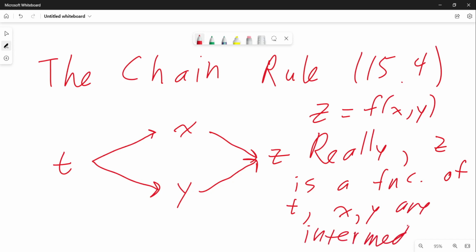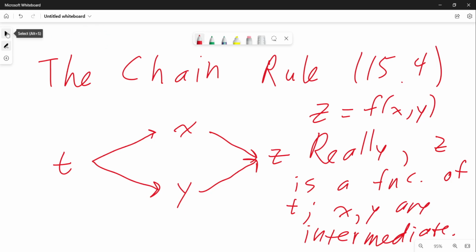That is the vocabulary term there, the intermediate variables. If you could cut these out, you could have a function of one variable, t, directly to z, skip the steps in between, and that would be a calculus 1 problem.